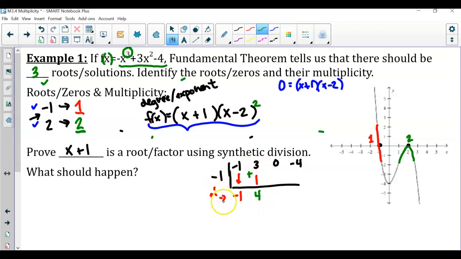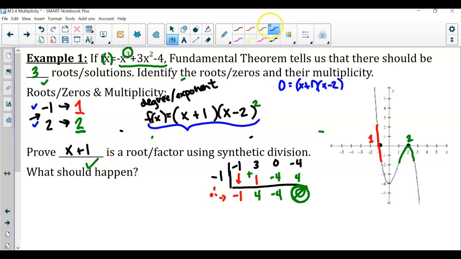Then we start again. -1 times 4, -4. Now add above the line, you get -4. Then multiply, negative times a negative, positive, and add above. Notice what happened? You get that remainder of 0. So that's how we know here that x plus 1 is a factor.